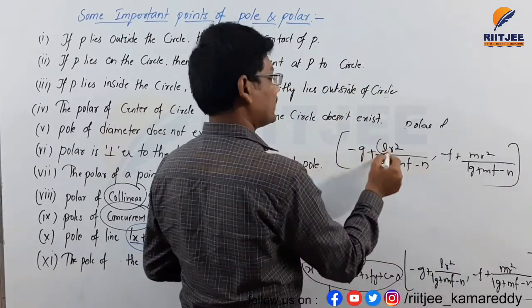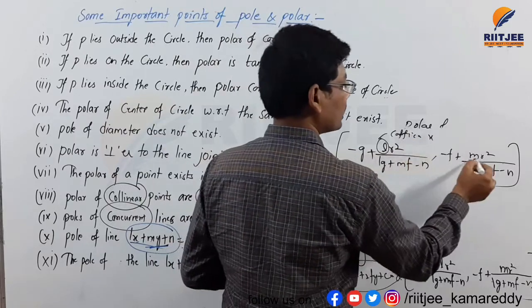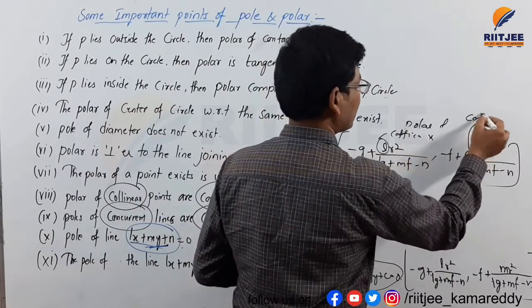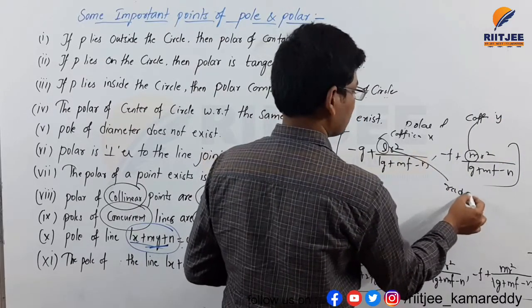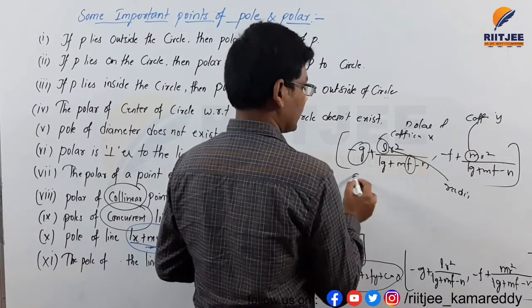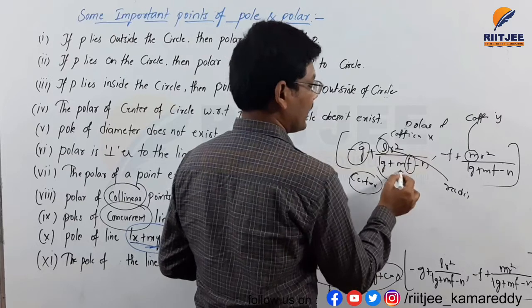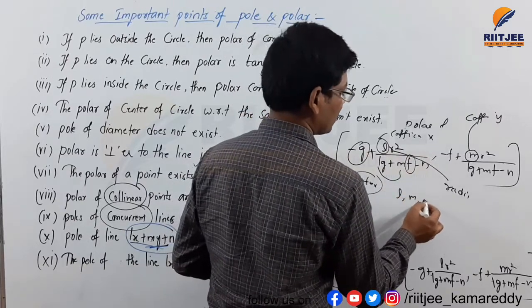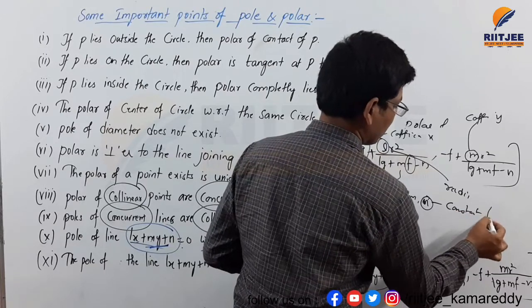Here l is the coefficient of x, m is the coefficient of y, r is the radius, and minus g and minus f are the center coordinates. l, m, n are the coefficients, and n is the constant of the line given here.